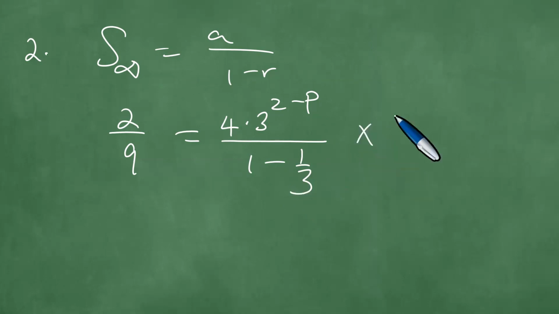We can choose to multiply by 3 over 3 to eliminate the fraction.